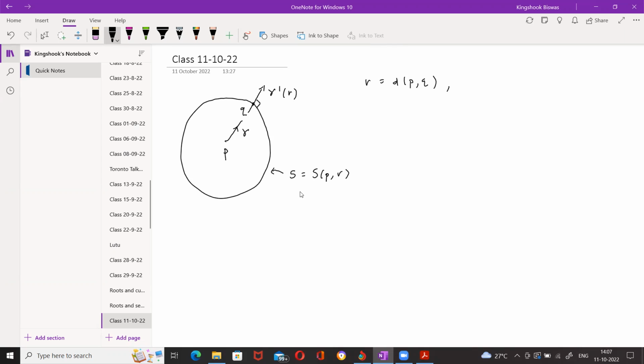We saw that this is the same as the gradient vector of the distance function at the point Q. This means that if I look at the gradient vector field restricted to this sphere S, it is equal to the unit normal vector field, the outward unit normal to the sphere S.